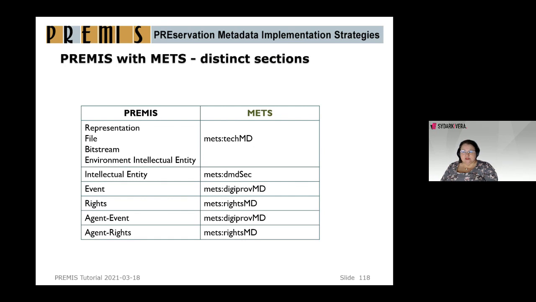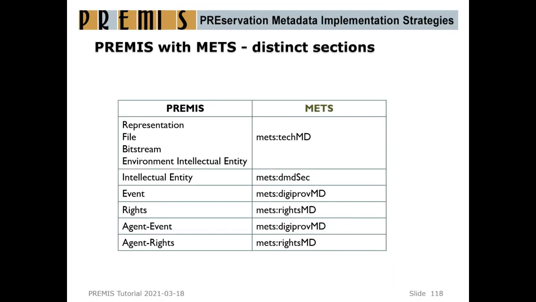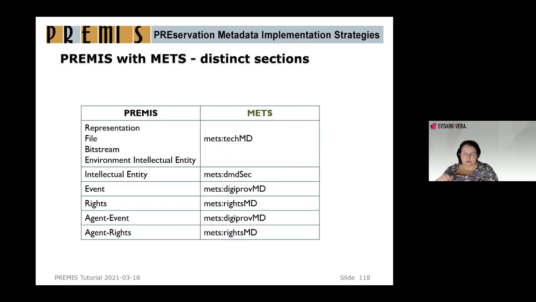So if you want to split everything up, the recommendation is that you put the different objects in the technical metadata section, the intellectual entity in the descriptive metadata section, so on the upper level, when the intellectual entity is of the type environment. The events are the digital provenance, what has actually happened with my object.